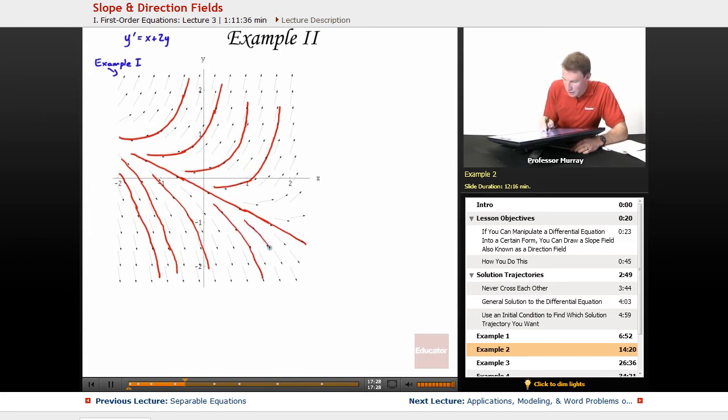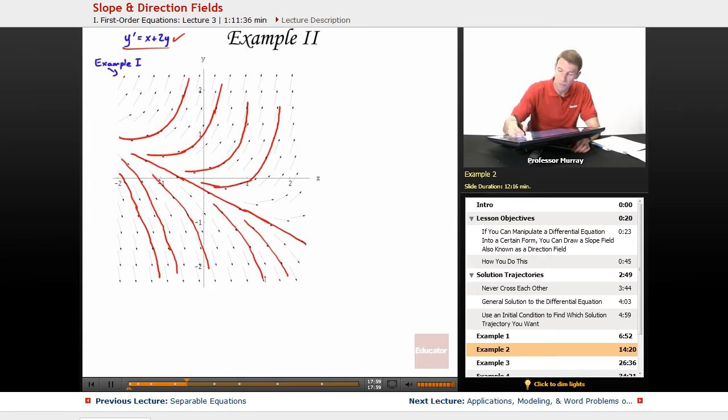So those are my solution trajectories. The point of these is that any one of these red curves would be a solution to this differential equation. Any one of these red curves, because they're obeying the slopes at every single point, means that they're obeying the differential equation at every single point. So they're solutions to the differential equation. Every one of these red curves is a solution to that differential equation.